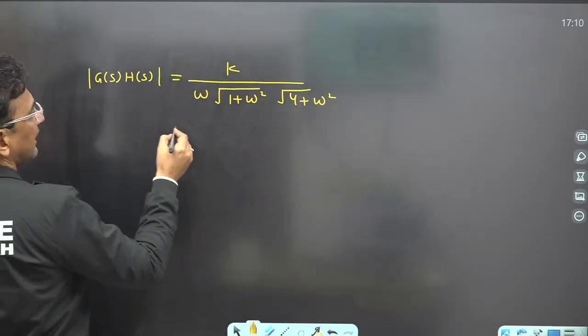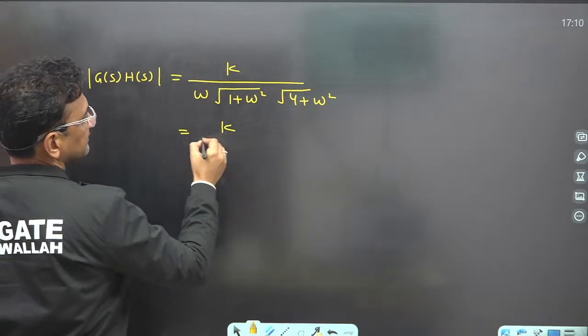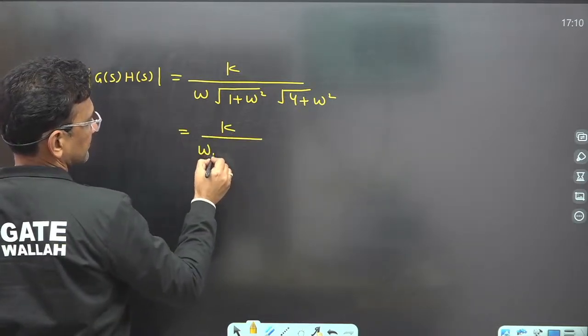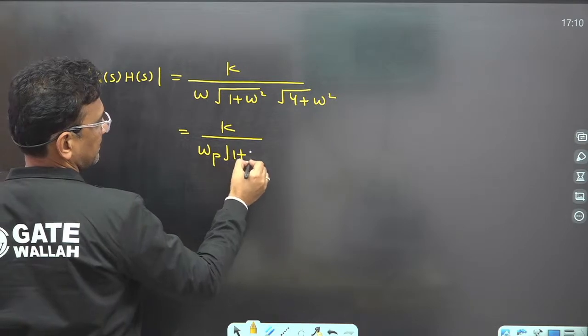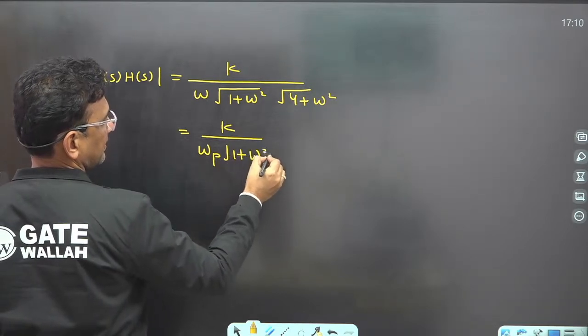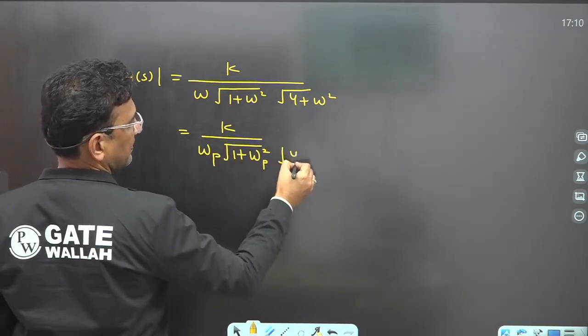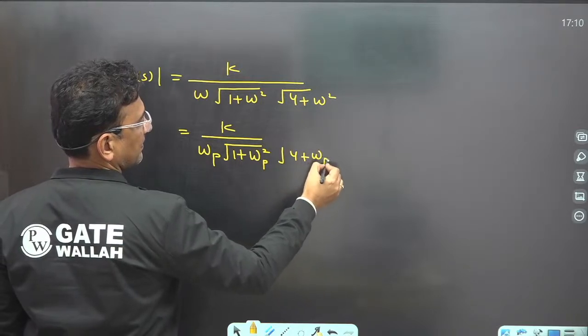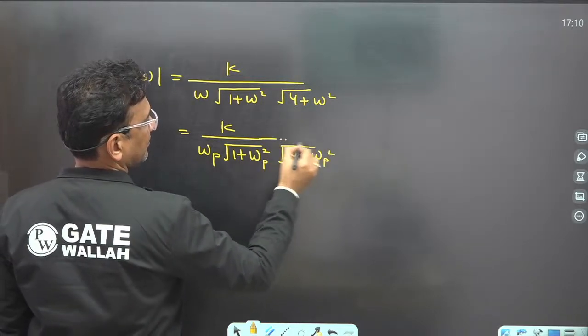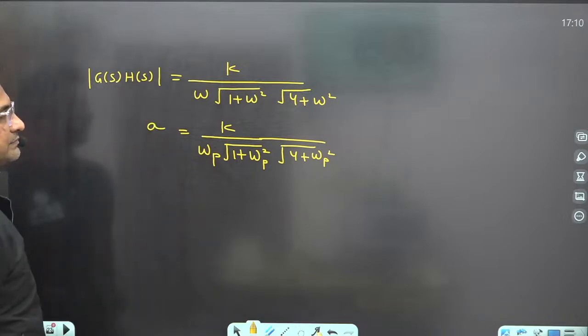So at omega equivalent to omega p, it is equivalent to A.